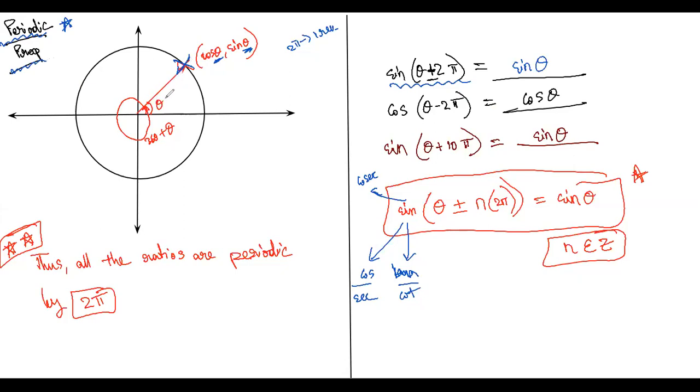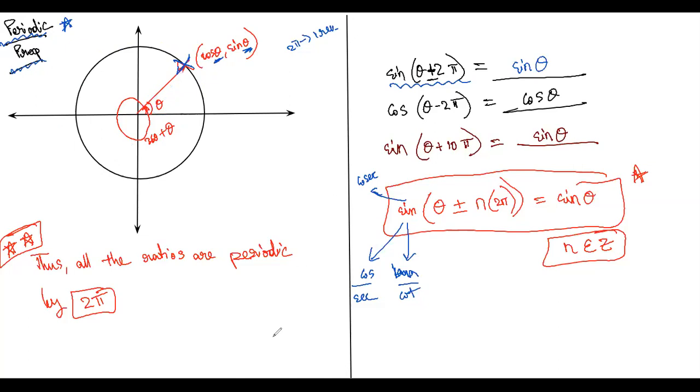Let us say this angle is theta. If you come back after one revolution, which is 2 pi angle or 360 degrees, you're coming back to the same point. Very surprising, na? So the coordinates are not going to change.